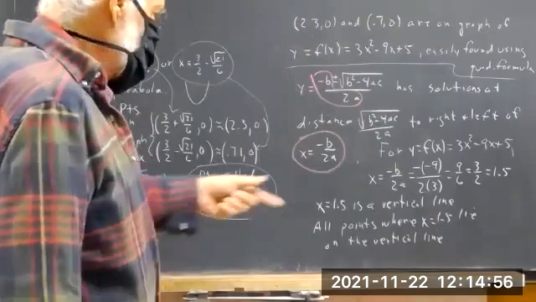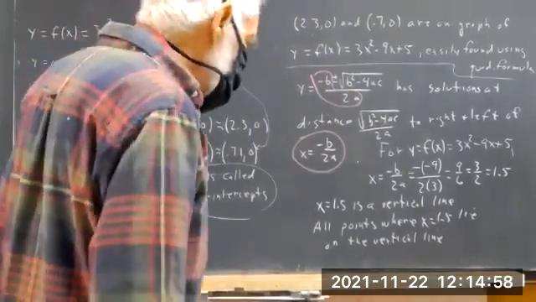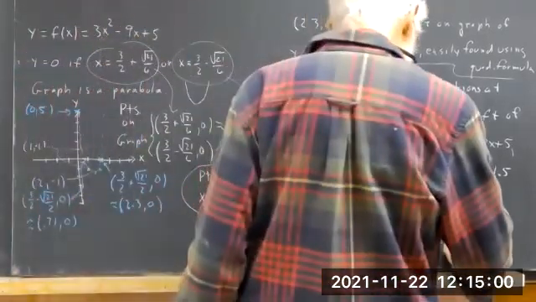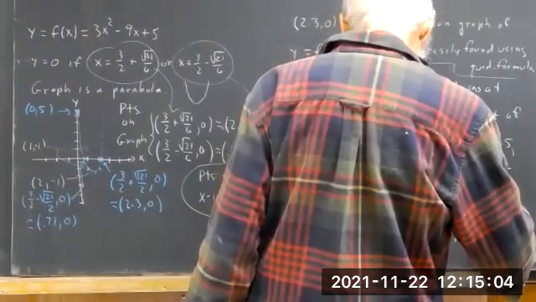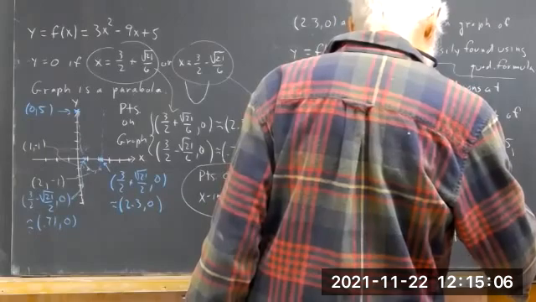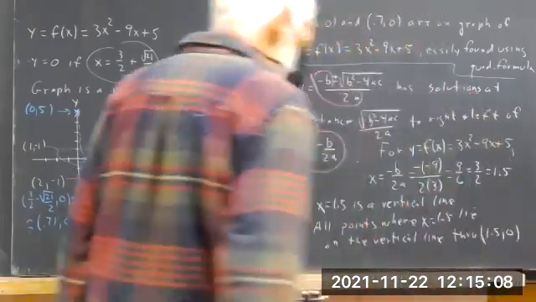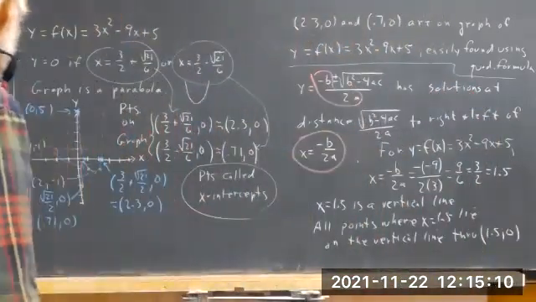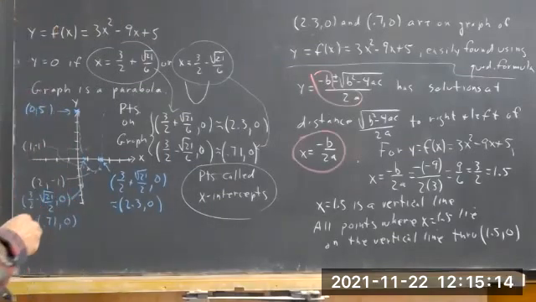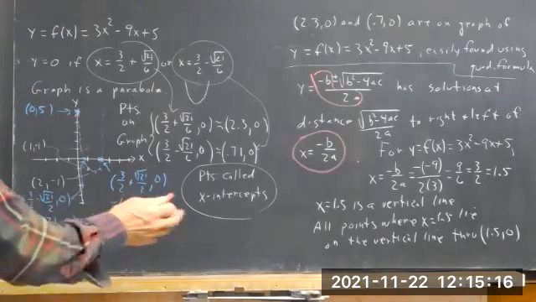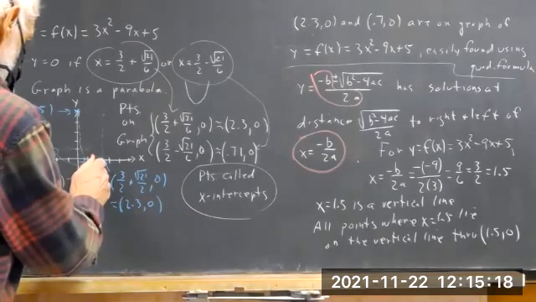We can say all points where x equals 1.5 lie on the vertical line through 1.5, 0. Where's that vertical line? Where's the point 1.5, 0? It's right here.